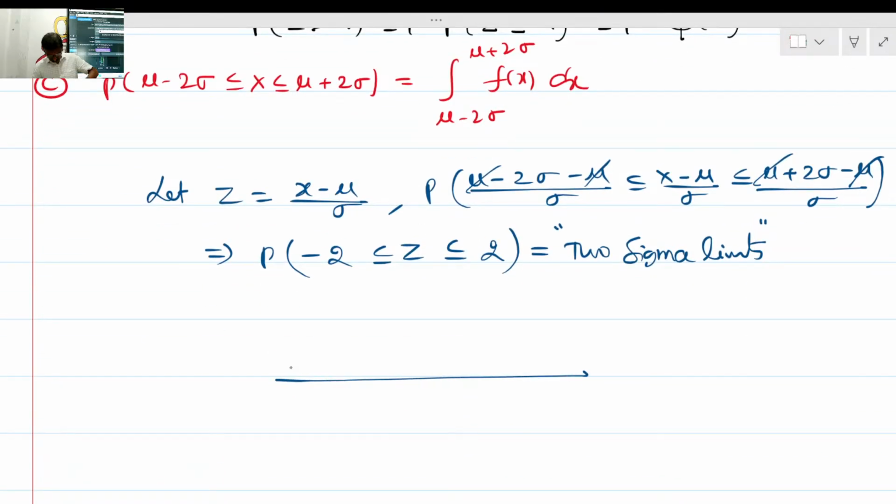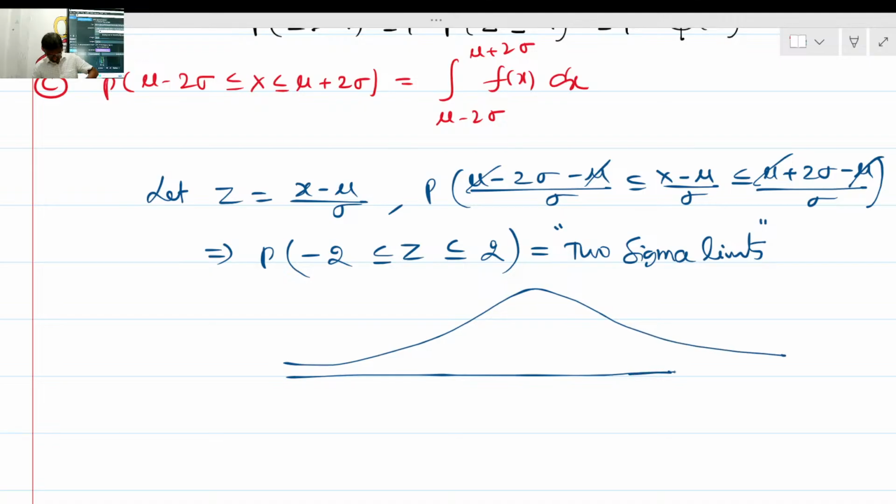Now x equal to mu, z equal to 0, minus infinity to plus infinity.